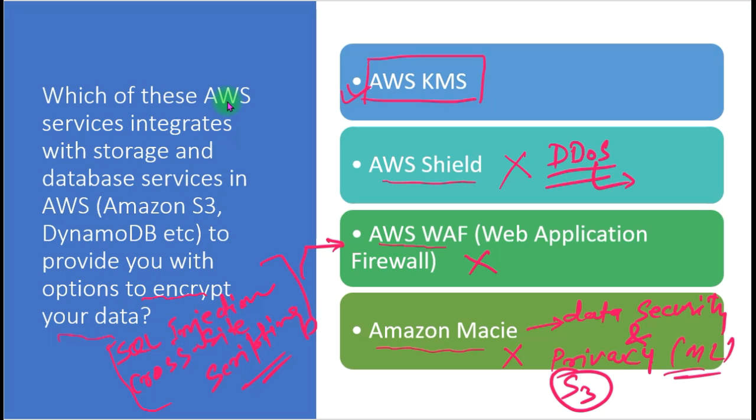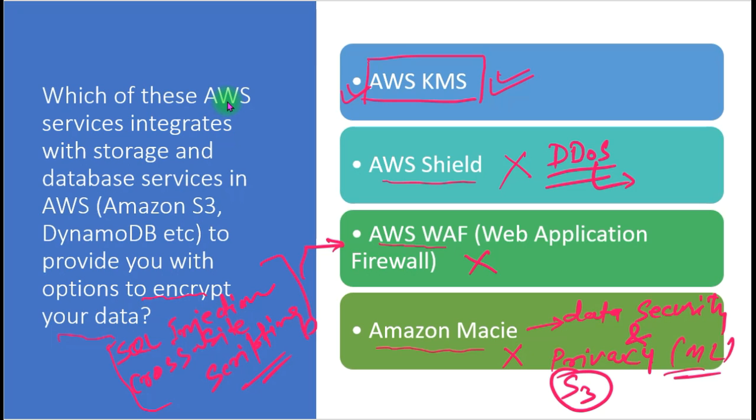So this is the correct choice, and those keys can be private or public, depending on the requirement. So this is the right choice for this question. I explained these services because the next few questions will be based on them, so it will help us to answer quickly.